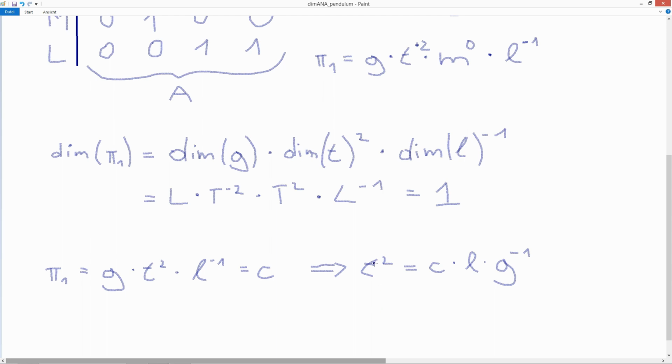Now we can take the square root and get t is equal to the square root of c times the square root of L times g to the power of -1.